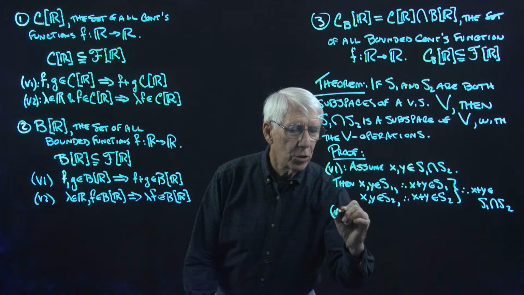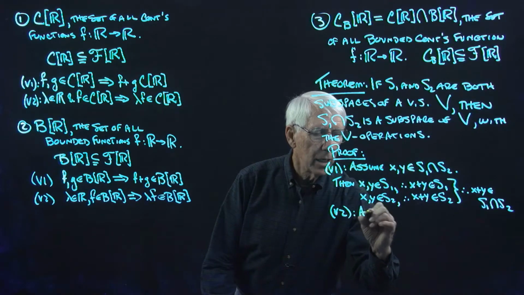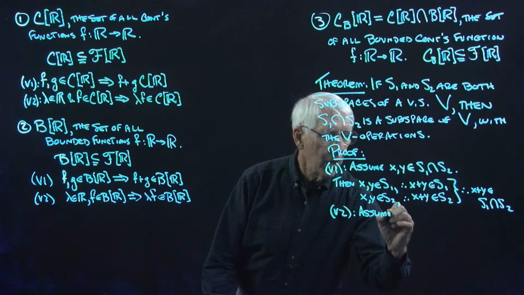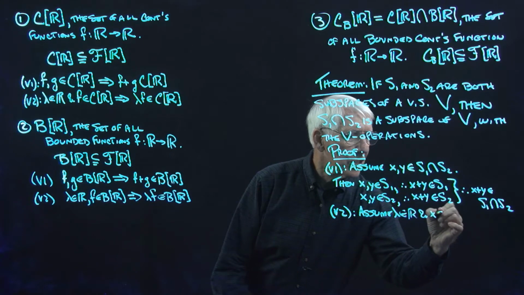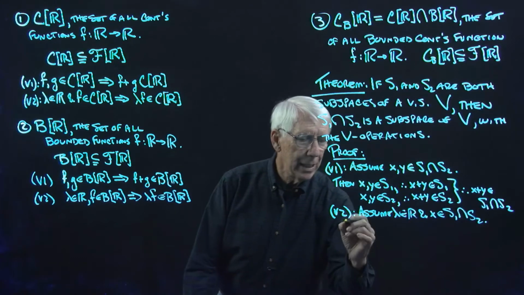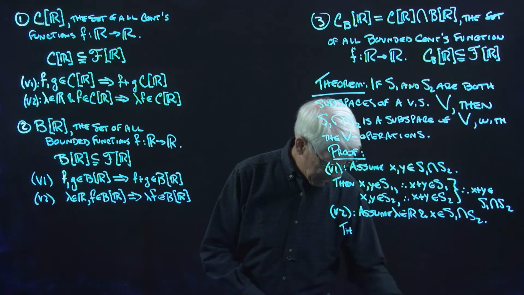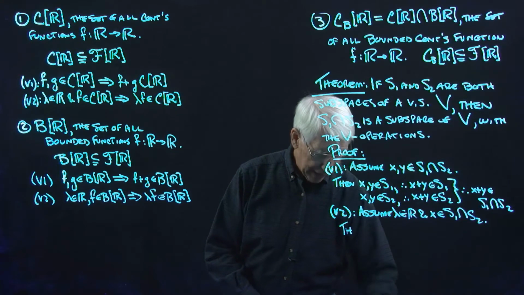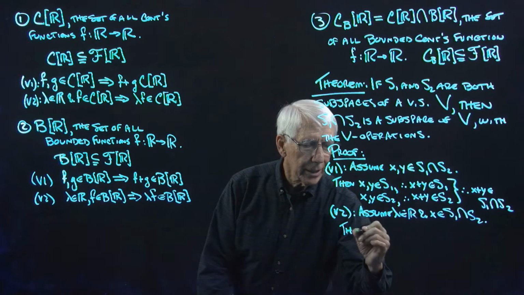And of course, V2 is equally easy. We'll say, assume lambda is in R and X is in S1 intersect S2. This marker appears to be running out, so let's go to a different marker here.